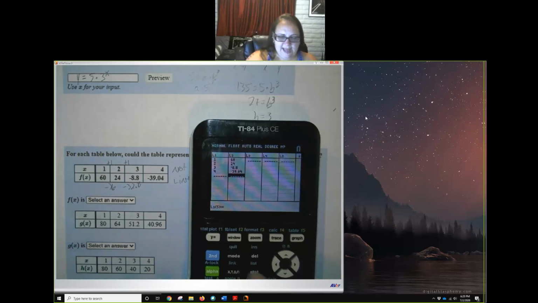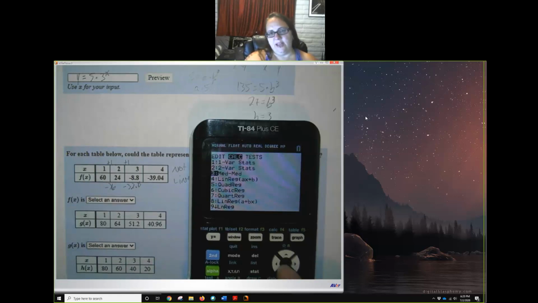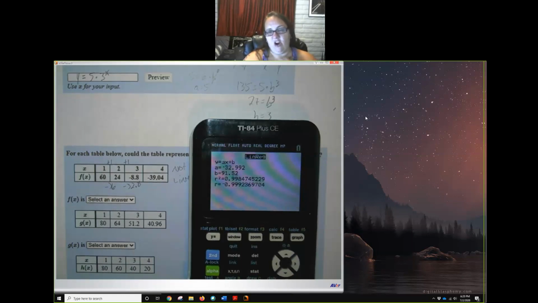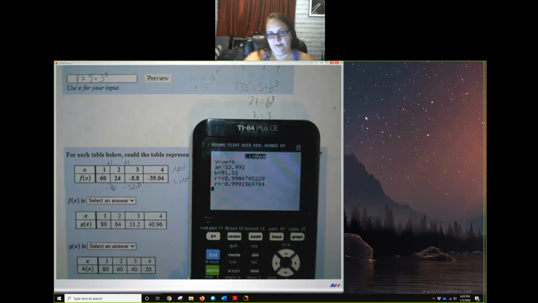So you go to stat and then calc and you do a linear regression. That R value, if that R value has to be 1, the R squared value. The R value can either be 1 or negative 1. If it is anything else, then it is not linear.